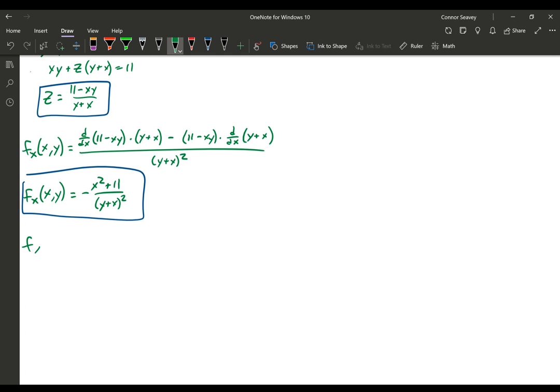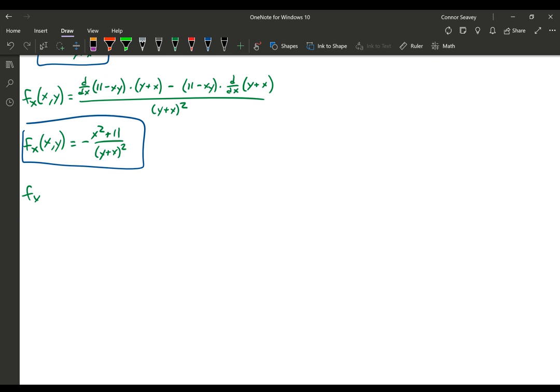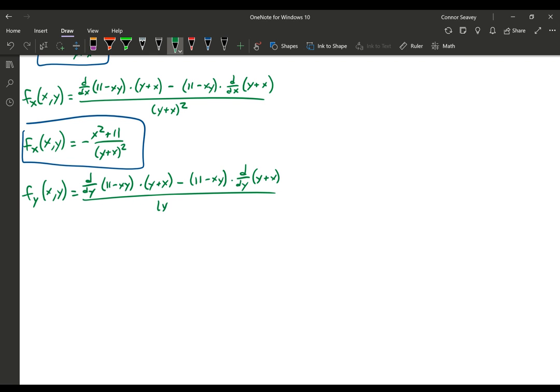Then the first partial with respect to y. Let's give ourselves some more space here. It is going to be a similar formula. The derivative with respect to y this time of the top times the bottom minus the top times the derivative with respect to y of the bottom, all over (y plus x) squared.